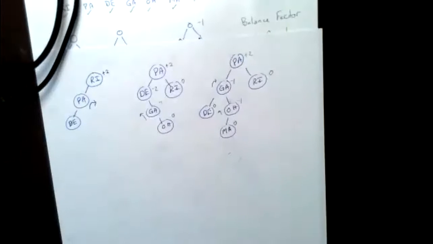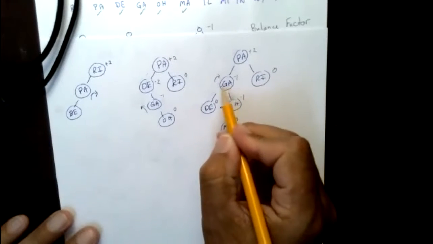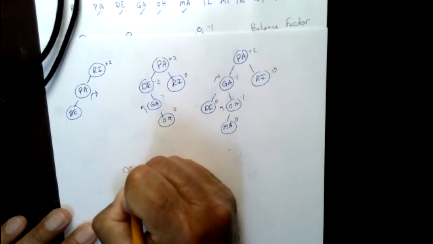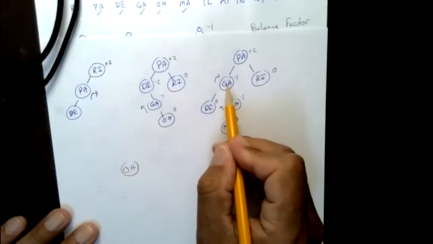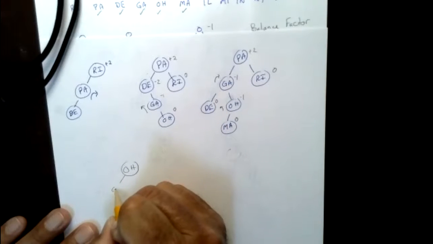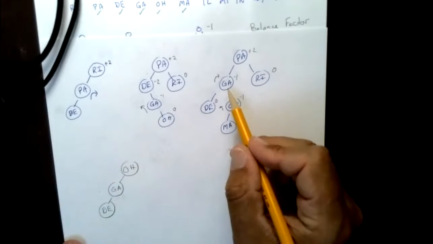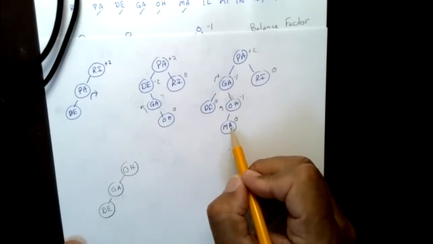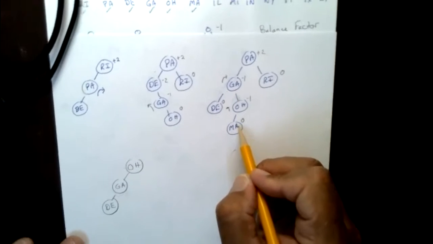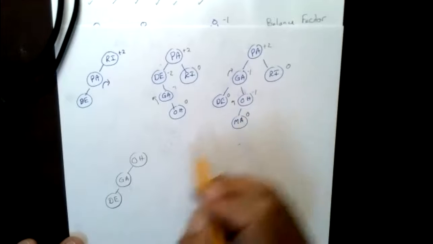Oh, erase the first 2 boards. Let's see what we have. Ohio rotates up. So when Ohio rotated up, Georgia and Delaware stayed here. Massachusetts attaches to where? The right of Georgia.